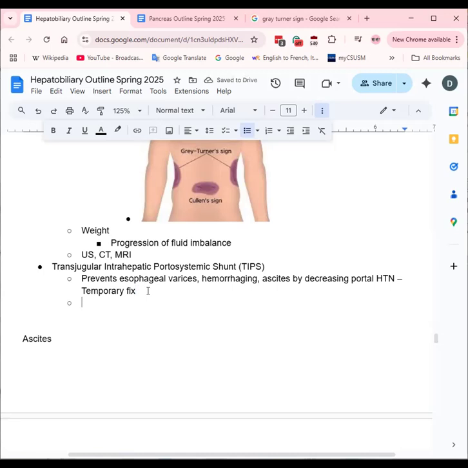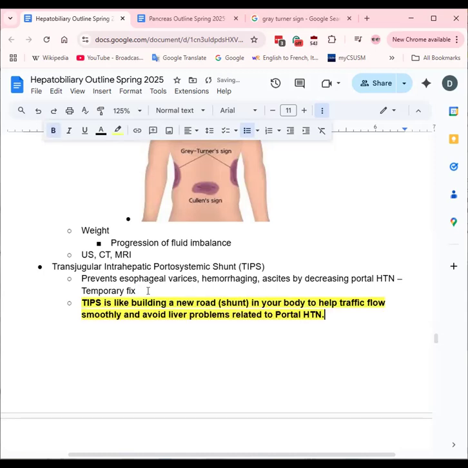You still need to work on whatever is causing the liver impairment, because it's a temporary thing, but it does help alleviate it. Here's what I wrote: it's like building a new road, building another lane in traffic to help things go by faster.